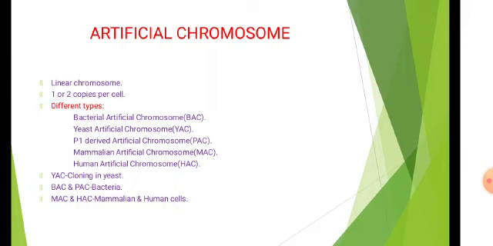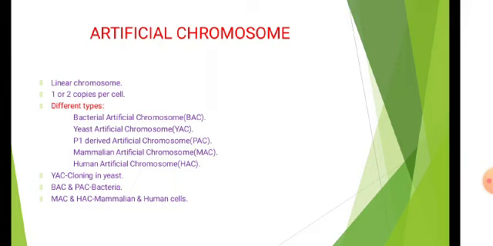Yeast is a unicellular fungus, commonly with the binomial name Saccharomyces cerevisiae. Artificial chromosomes are also obtained from yeast cells.